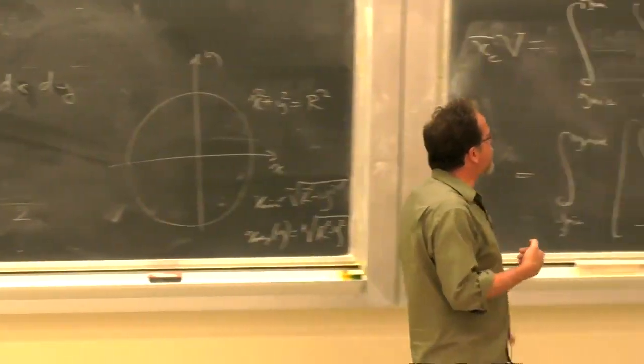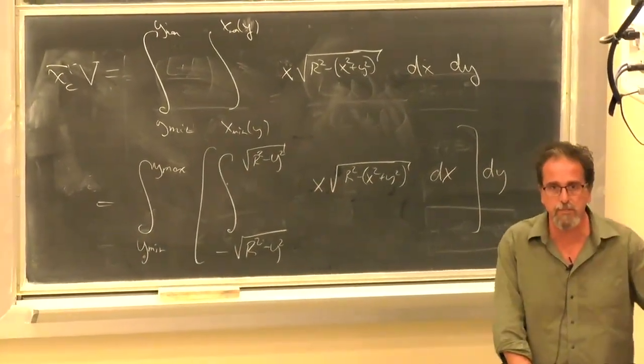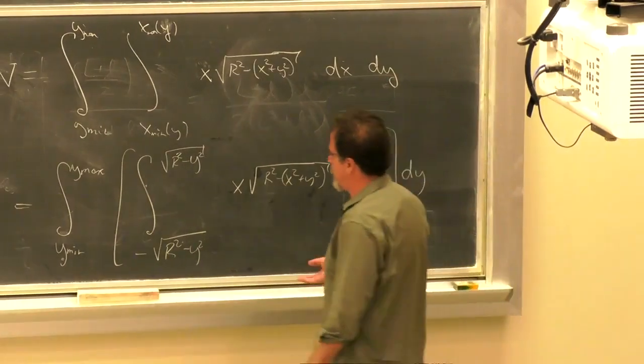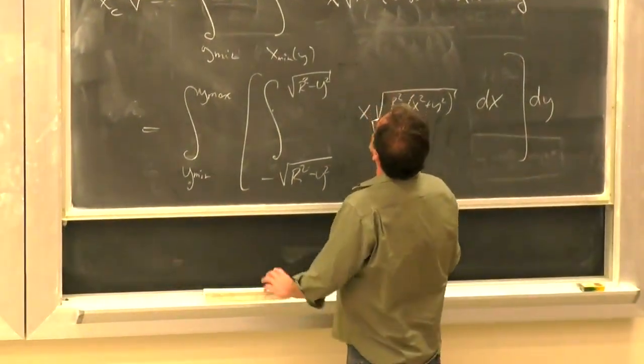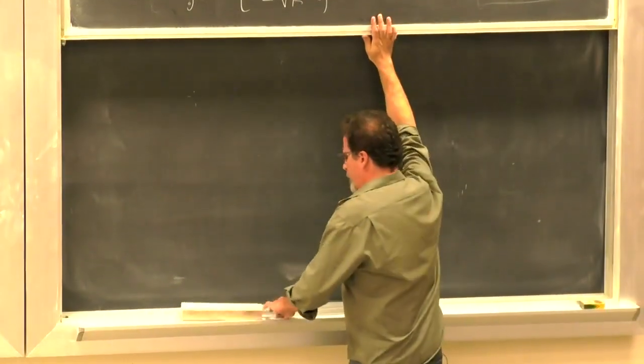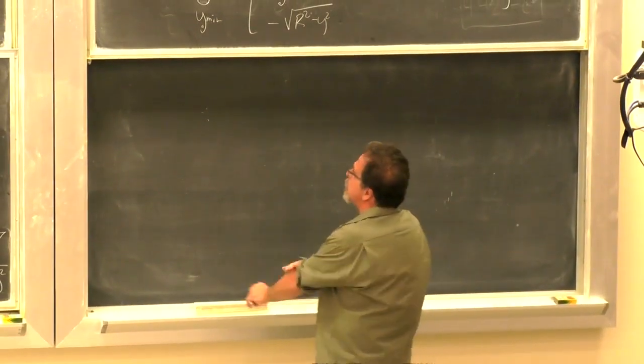Had you done this in polar coordinates, let's just go back and think about how this would have worked out. In fact, I will do it in polar coordinates. I have that first integral up there, and if I were to choose not to do it in Cartesian, I would do it in polar.